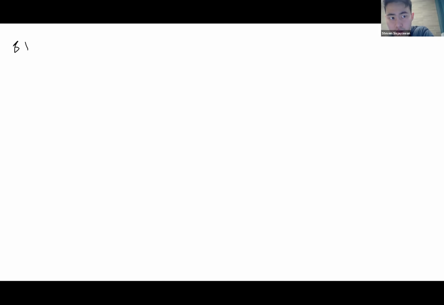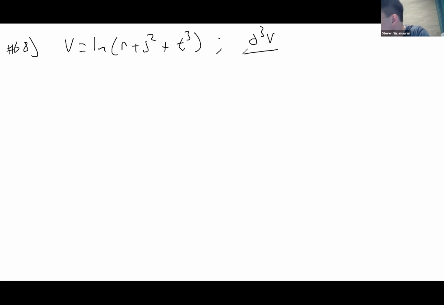68 looks interesting. All right, so for 68, we have V equal to ln of (r plus s squared plus t cubed), and we're trying to find the third partial derivative of V with respect to r, s, and t.